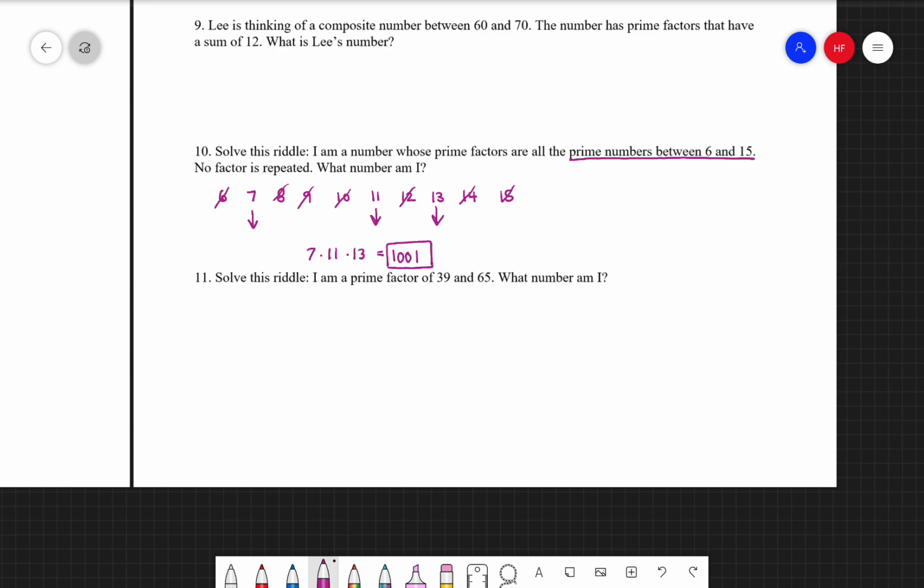Now number 11 says, solve this riddle. I am a prime factor of 39 and 65. What number am I?